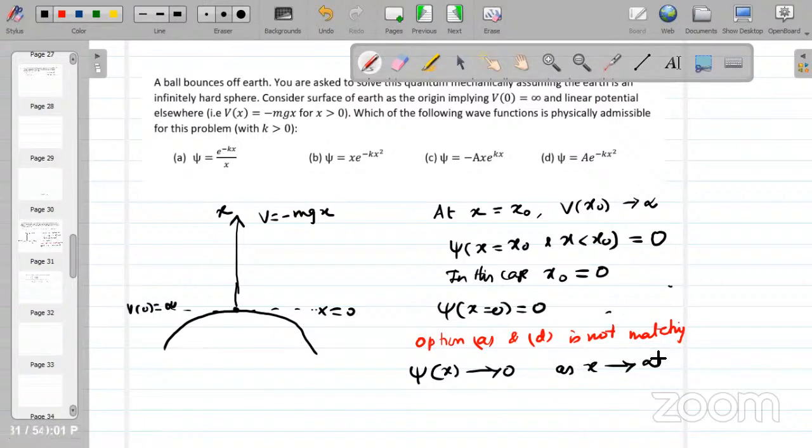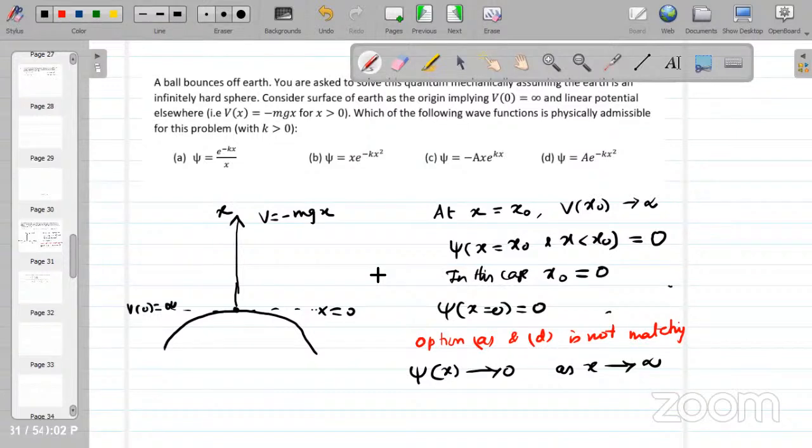That's basic for any non-decay problem, because here the particle is not going to decay anywhere, and nobody is going to create the particle or decay the particle. So the only possibility is that psi of x goes to 0 as x goes to infinity. Now check whether option B and option C match with this.